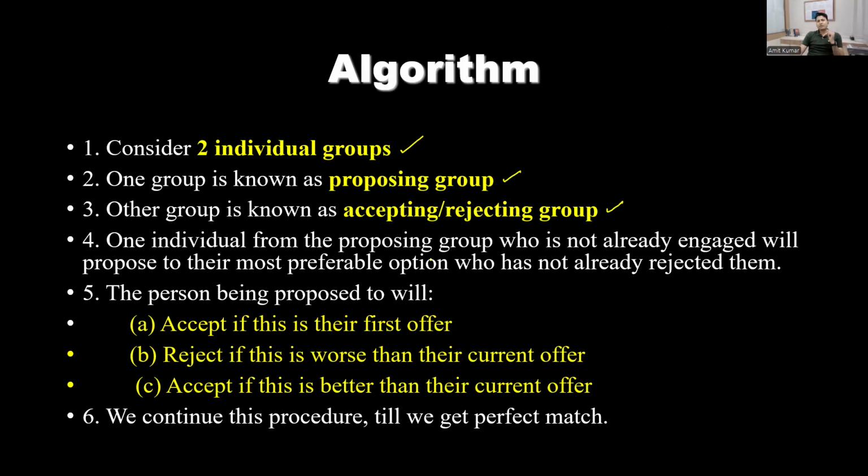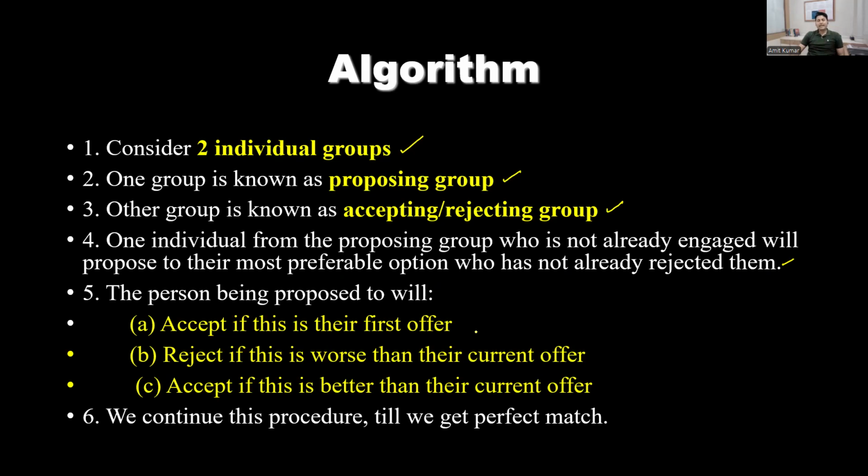One individual from the proposing group who is not already engaged will propose to their most preferable option who has not already rejected them. So, as per the given preferences, the individual will start to exercise their preferences. If there's an individual whose first preference is X, he or she will propose to X, and X will accept or reject as per the following conditions.